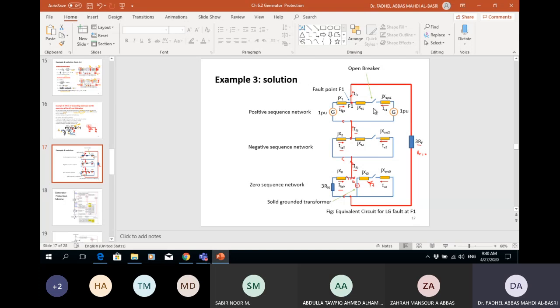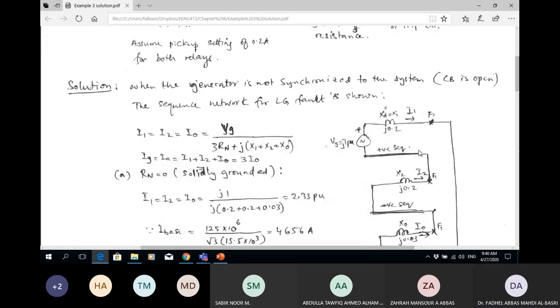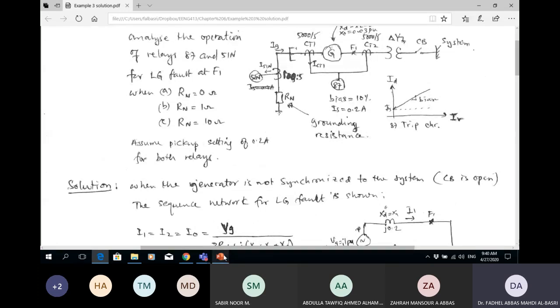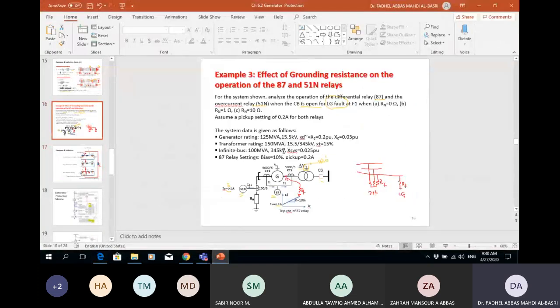You need to unify the base if this is closed, because the generator and system reactances will be involved. Now, because these are not involved, I don't have to convert the base quantities, so I use the same as the generator reactances given in the problem.